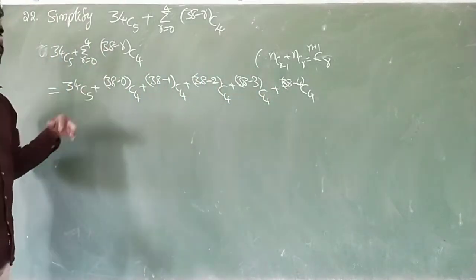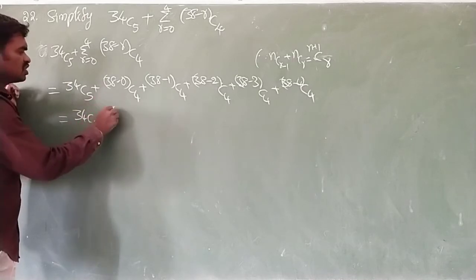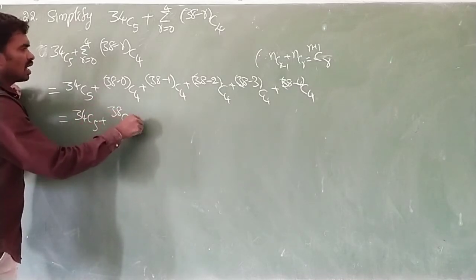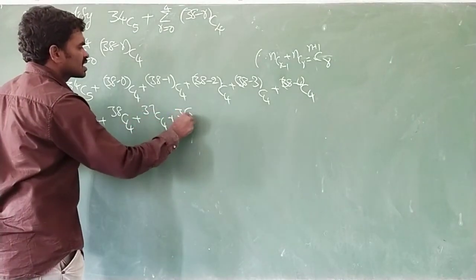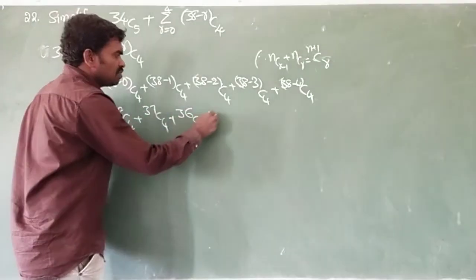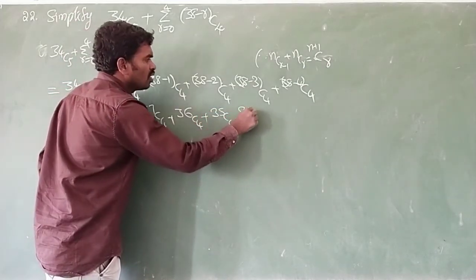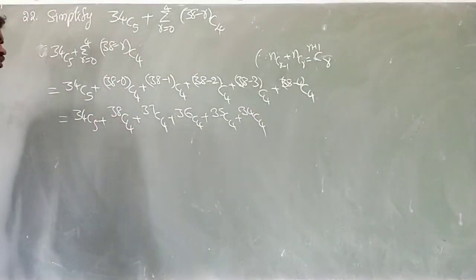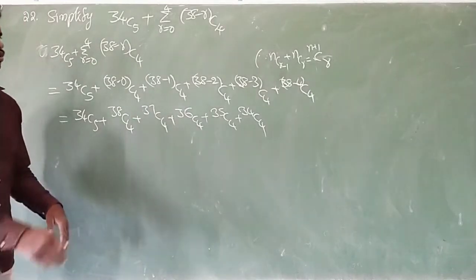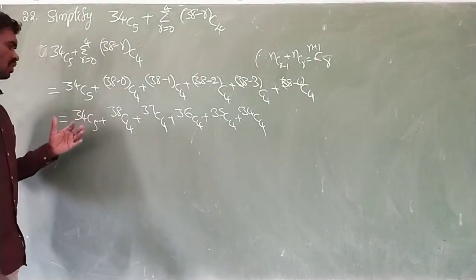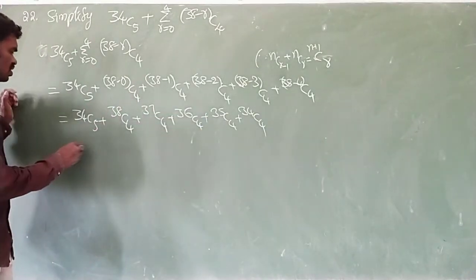Summation means plus. So next to 34C5 plus 38 minus 0 means 38C4, and 38 minus 1 means 37C4. Next 36C4, then 35C4, then 34C4. So these are the terms. I am writing 34C5 at the last side.